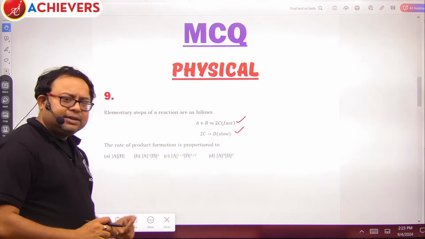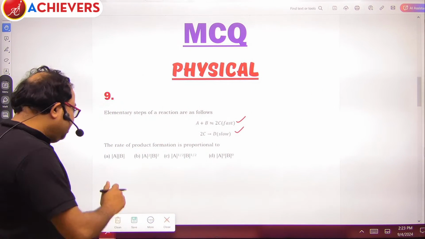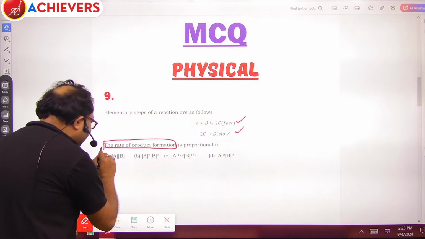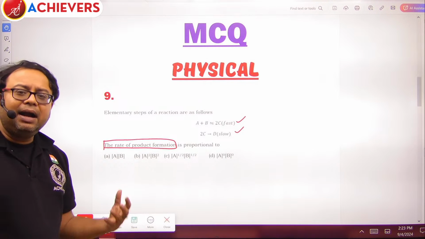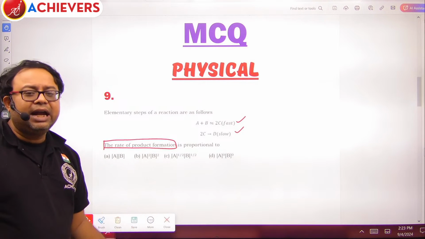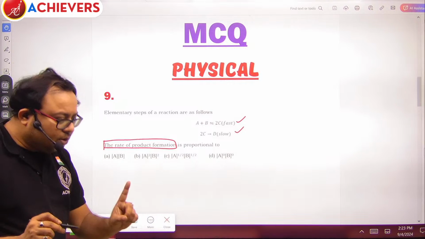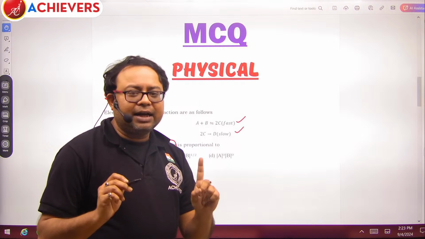If it is a multi-step process like this, then what is the rate of product formation? For a multi-step reaction, what is the rate of product formation? So, at first, this key fact has to be kept in mind.